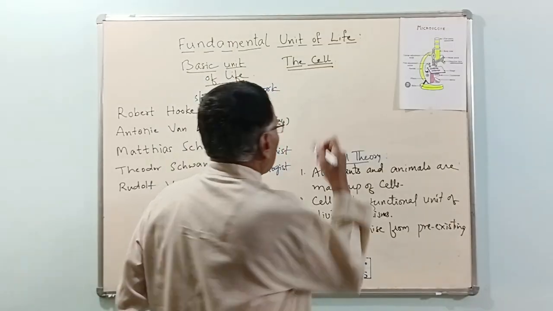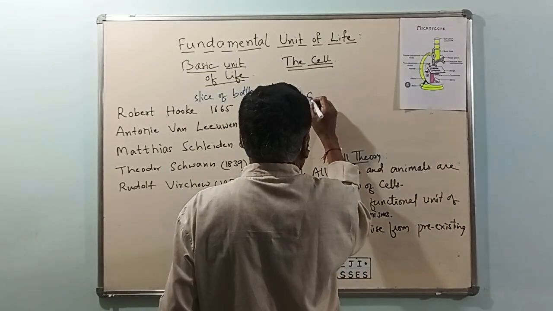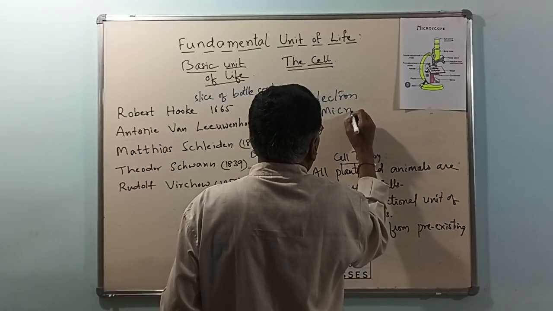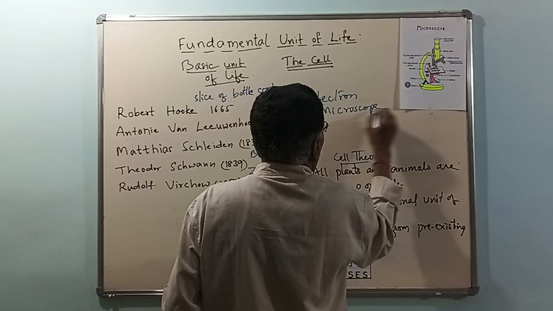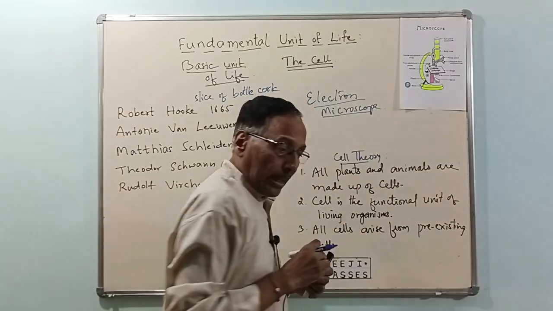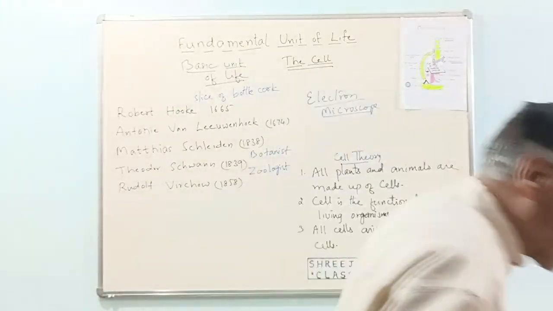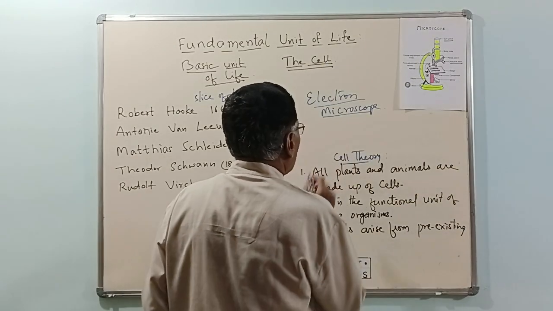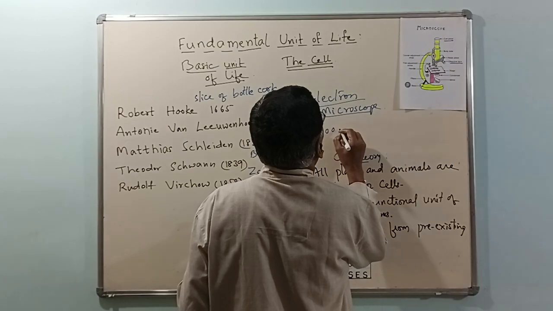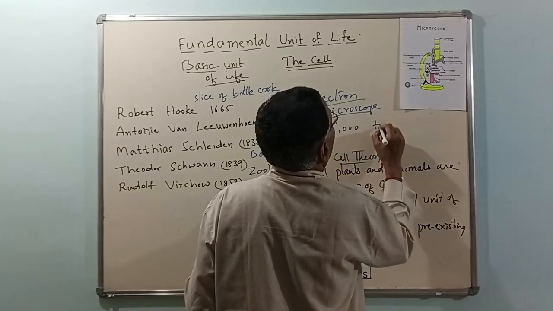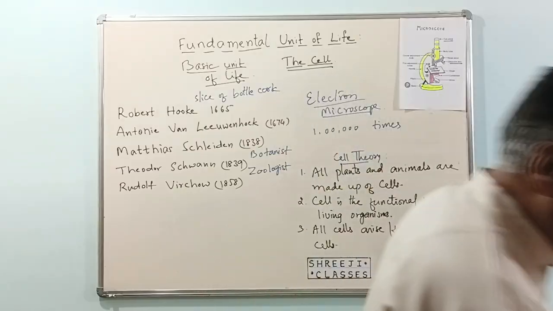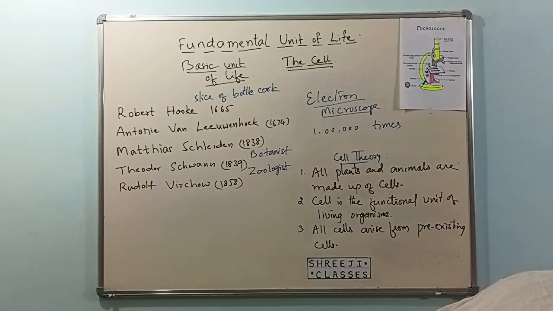because an electron microscope, unlike a compound microscope, gives a higher magnification. You can get a magnification even more than that.